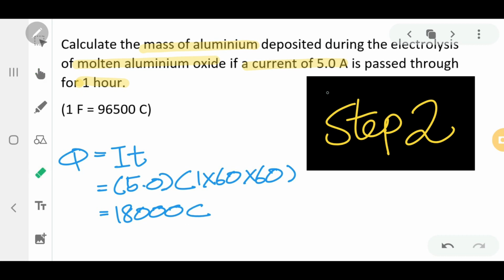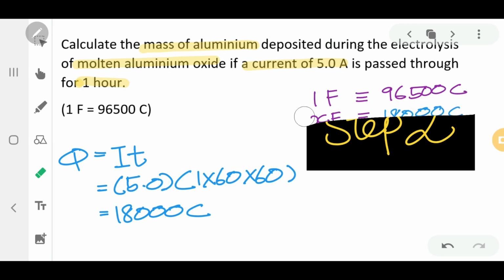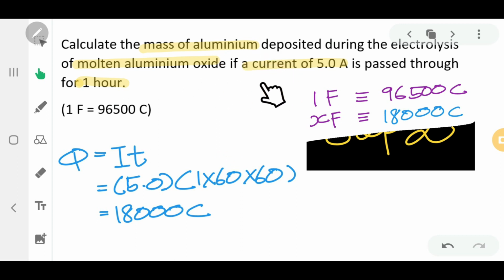In step 2, we need to compare with the relationship that we have learned just now. We do know that 1 Faraday is equivalent to 96500 Coulomb. So how much is that for 18000 Coulomb? This is the charge passing through in this electrolysis, and how much is that in Faraday?